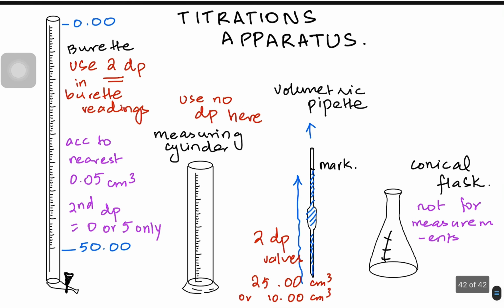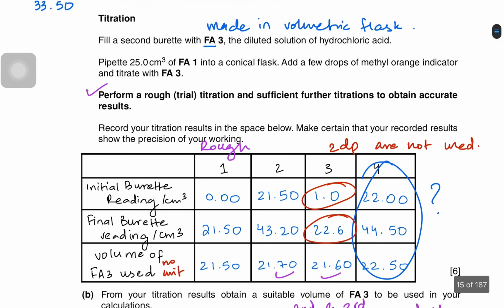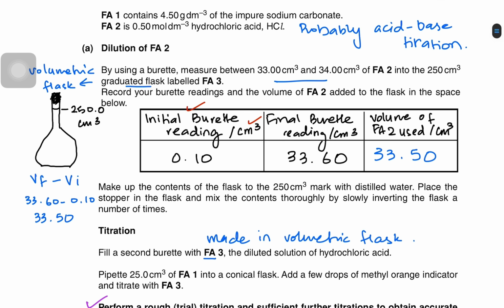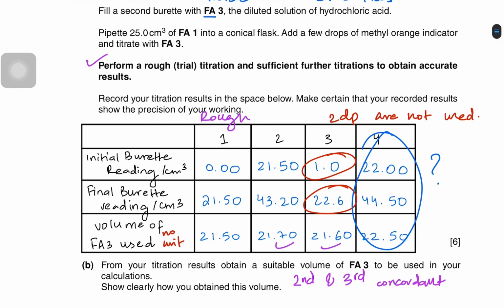We noticed that there are few important pieces of apparatus that we use like the burette, which is written with 2 decimal places, a measuring cylinder which has no decimal places, a volumetric pipette which also has 2 decimal places, and a conical flask which is never used for volumetric measurements. Then we looked at a question and then we saw how the tables are drawn. We looked at few do's and don'ts for drawing a table.